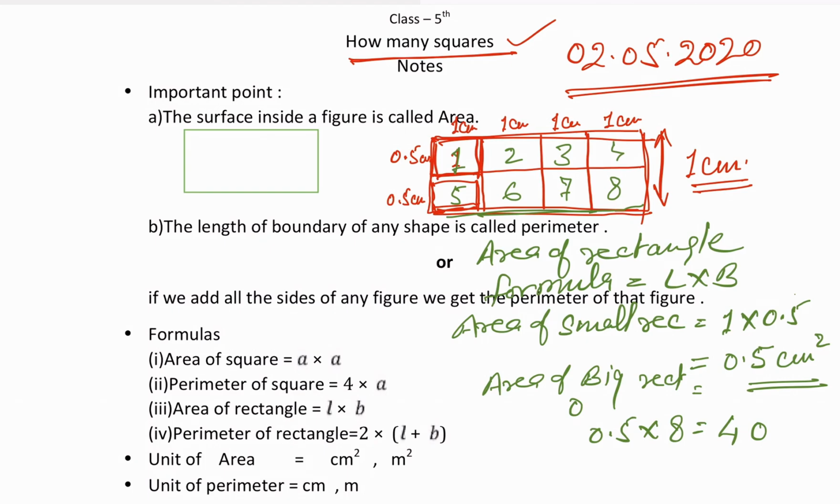Then you have to write the point here in place of 1. This is centimeter square.